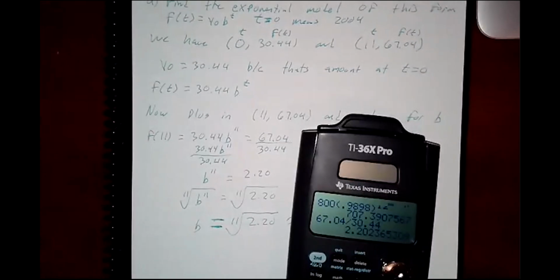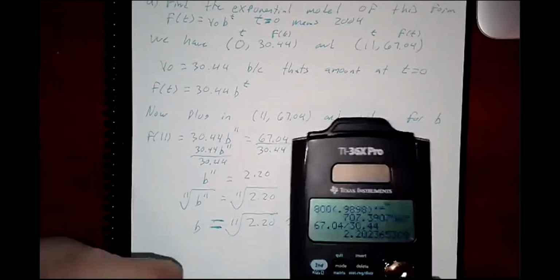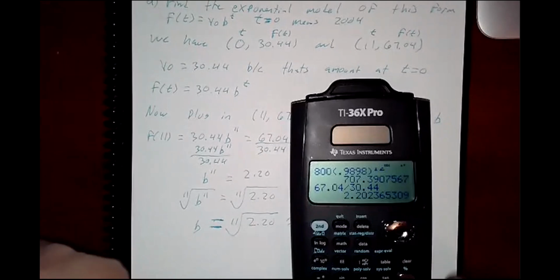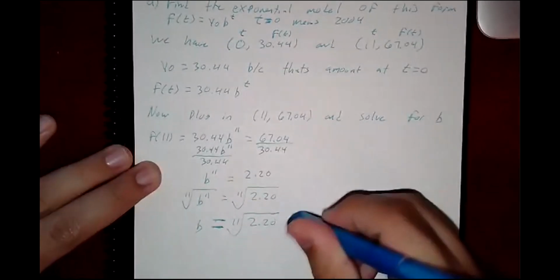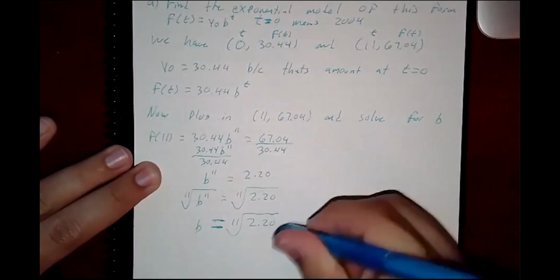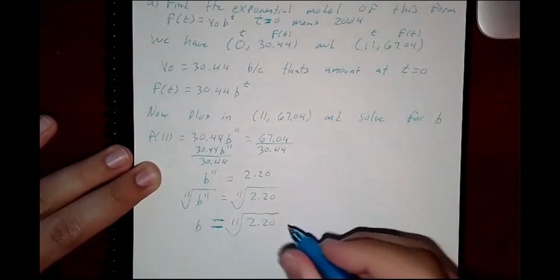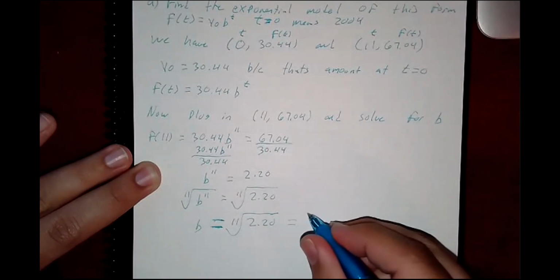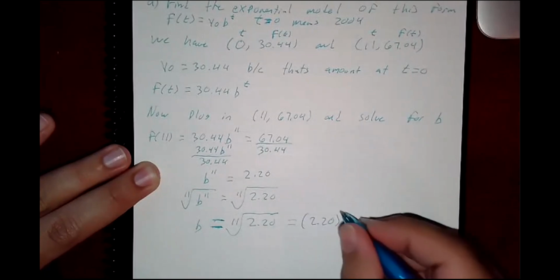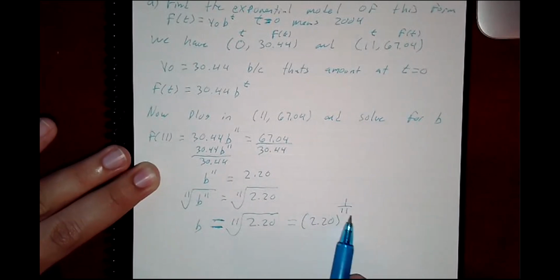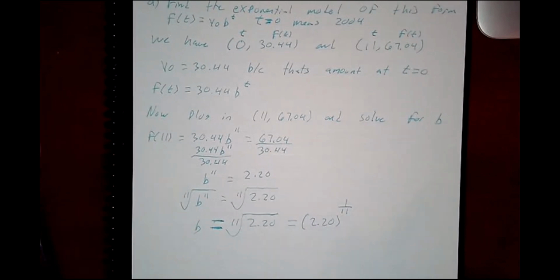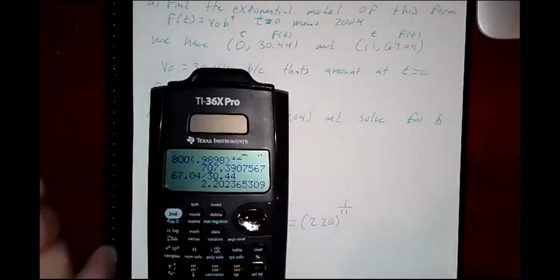So the way you do that, right? If your calculator does not have an 11th root, remember that roots also mean powers: 2.20 to the 1 over 11, right? So you could use that instead. If you can't figure out how to use the root key, you can just use that.